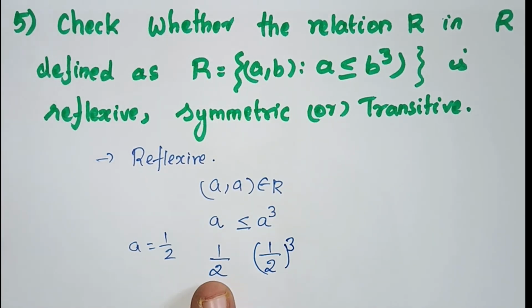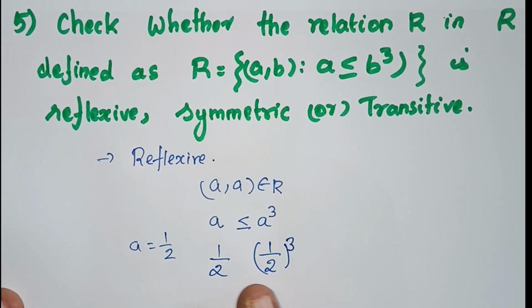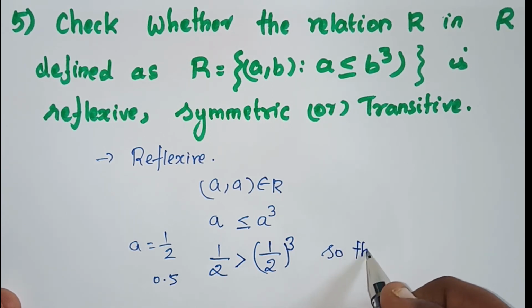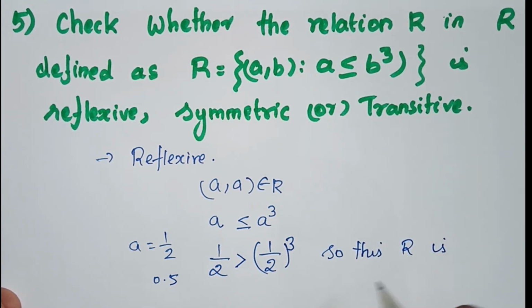A should be less than or equal to A cube. But here 1 by 2 is 0.5. So A cube means 0.5 the whole cube. Obviously A is greater than 1 by 2 the whole cube. So this relation R is not reflexive.